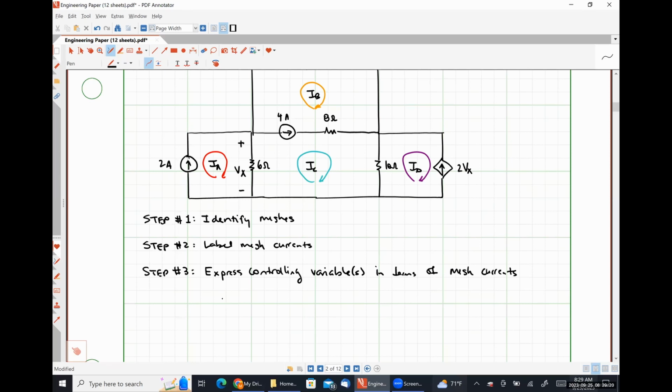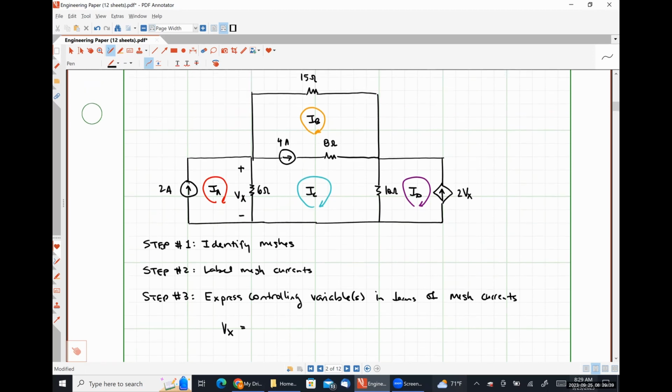So in this case, my controlling variable is the voltage Vx, the drop across the 6 ohm resistor, positive polarity on top, negative polarity on bottom.